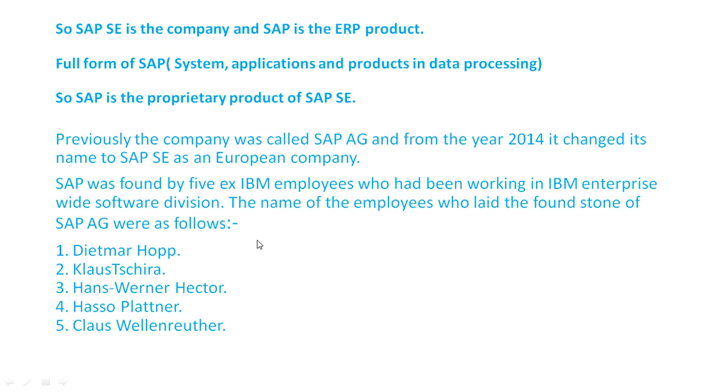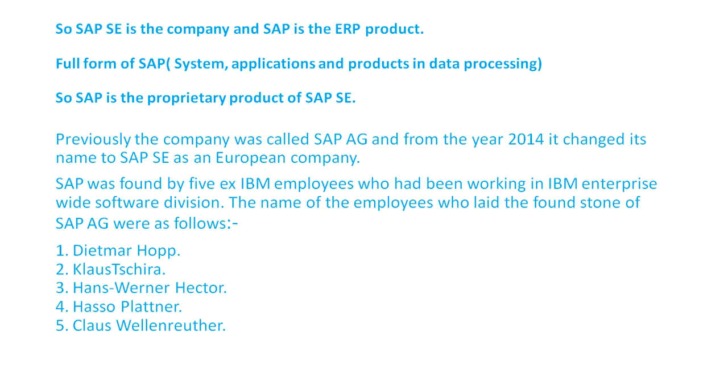They were working in IBM, which is a software company, International Business Machines. In the year 1972, they felt that every business house needs an integrated software, because at that time, very few companies were using computers and softwares.